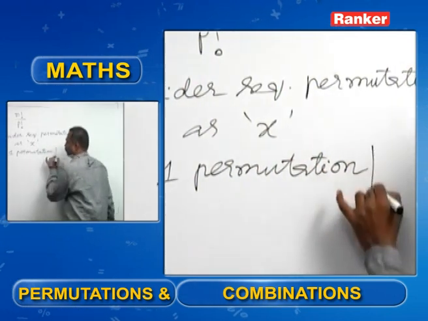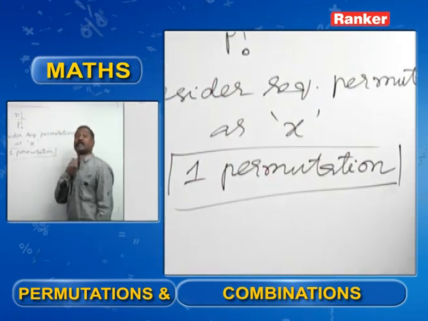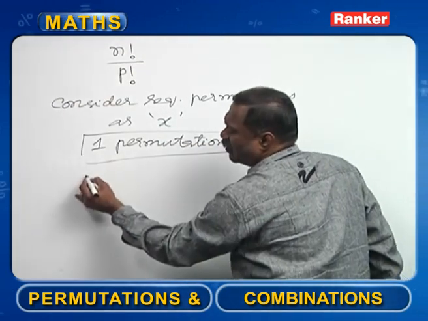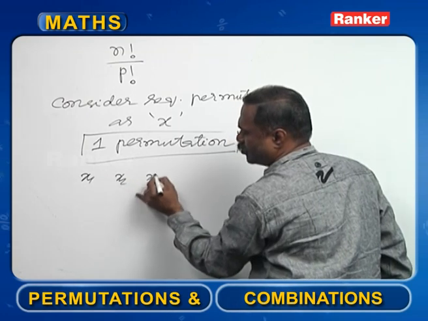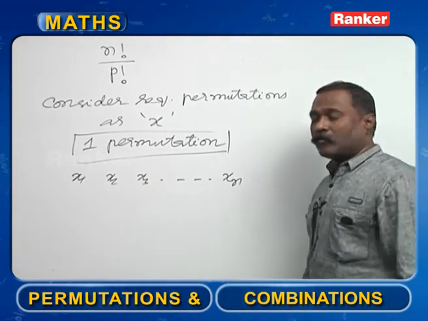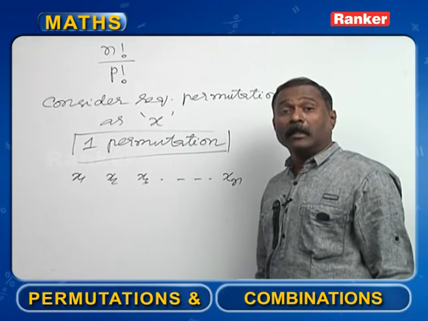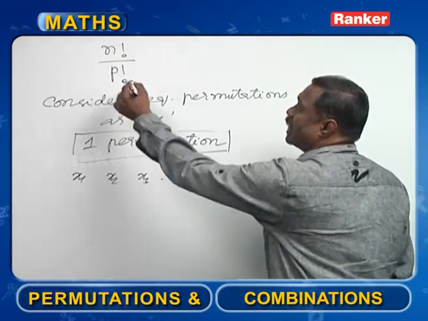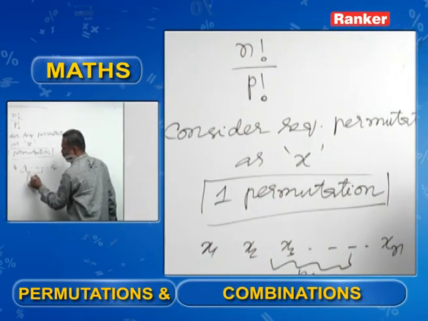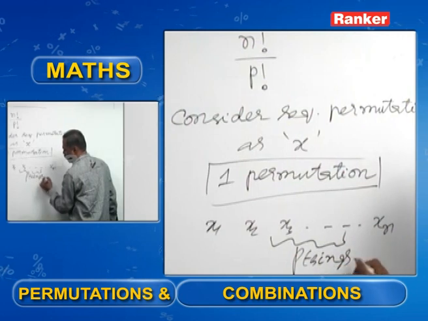In one permutation you have n things: x1, x2, x3, and so on up to xn. In this one, how many things are like things? P things are like things. That means somewhere here you will have p like things.